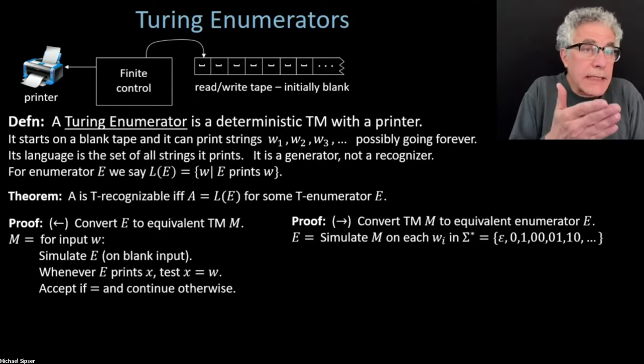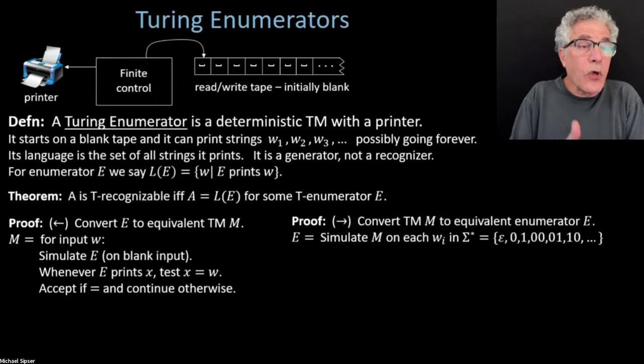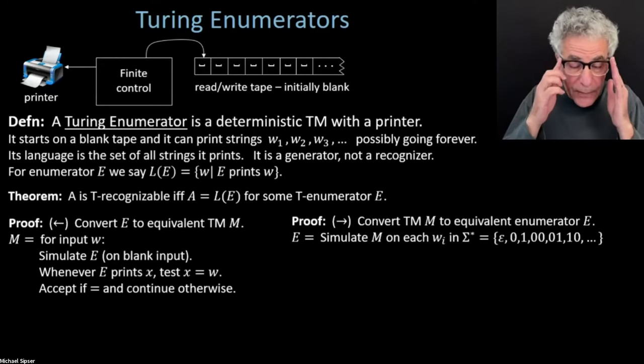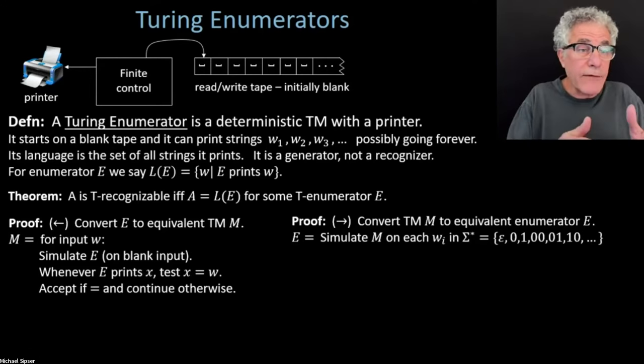The enumerator is going to start simulating the recognizer M on all possible strings, one by one, doing them in parallel, taking turns. You can sort of time share among several different possibilities, like having different blocks for the machine.